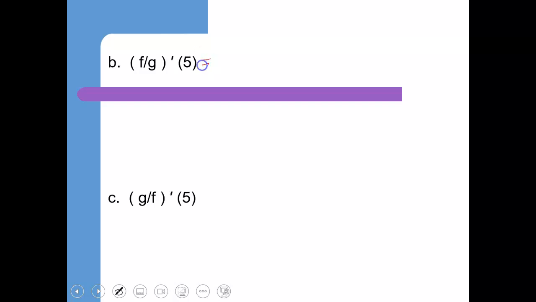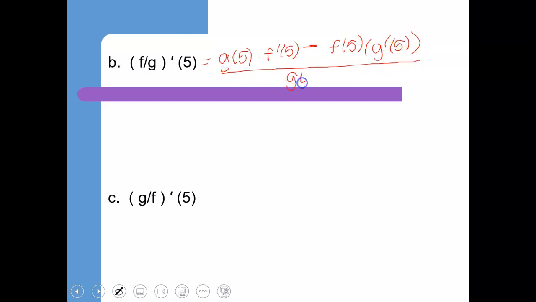So in this case, that's g of 5 times derivative of f, so f prime 5, minus f of 5 times derivative of g, that's d ho, so derivative of g at 5, all over g of 5 squared. So it is essentially the quotient rule, but now everywhere you had an x, you have a 5, and then we plug in our numbers.